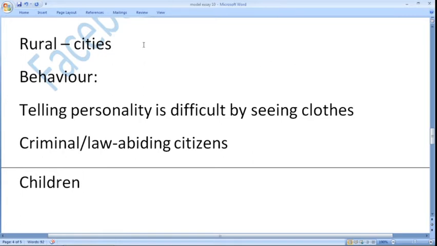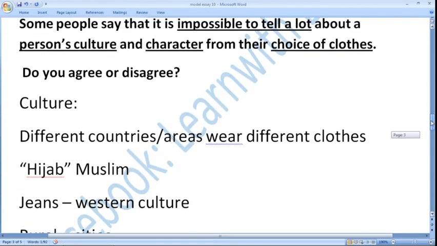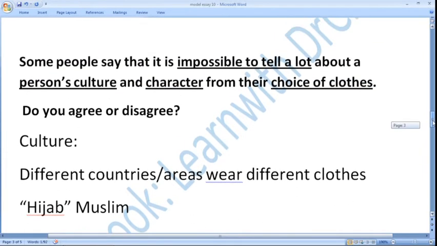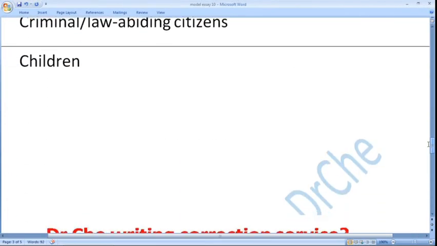So I would say that the behavior is difficult to judge from the clothes, but the culture we can judge from the clothes. So what is my opinion? I agree with one point, I disagree with other point, so I partly agree with the statement. So I would go for the partly agree. So my opinion would be I partly agree with the statement.